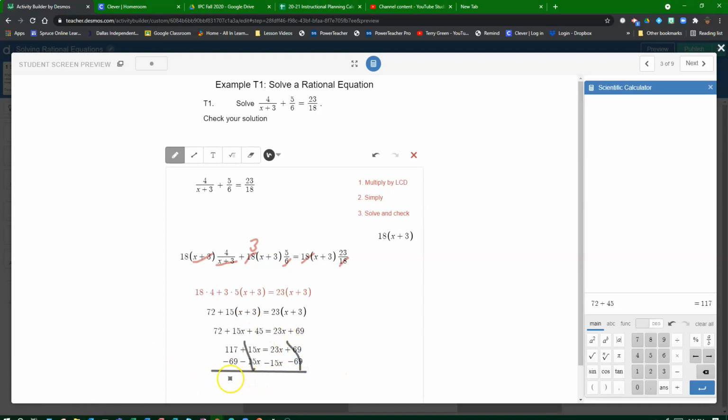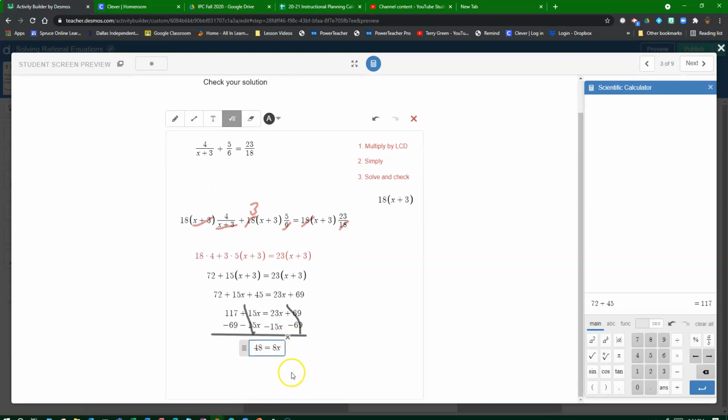That's going to leave me with 48 on the left, and on the right 23x minus 15x, which is 8x. If I divide both sides by 8, that tells me that x is equal to 6. So that is our solution.